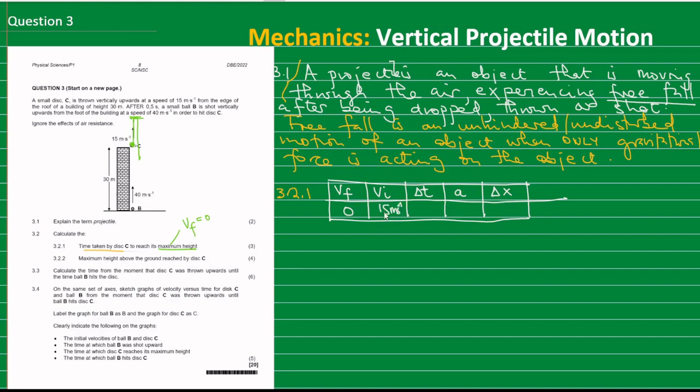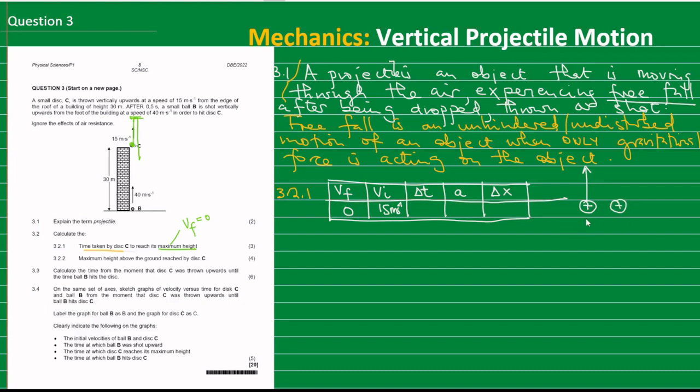One other thing that I forgot to mention here is when you are dealing with these variables, all of them except the time, they are vector quantities. So you must consider the direction. You can take the upward motion as your positive direction, which is what I am considering in this case, or you can take the downward as your positive.